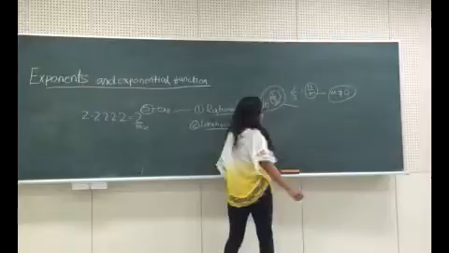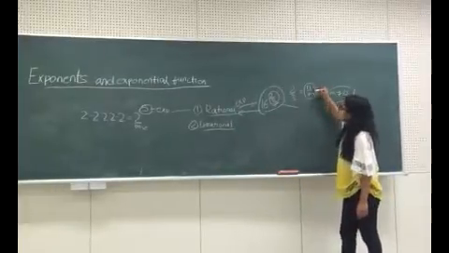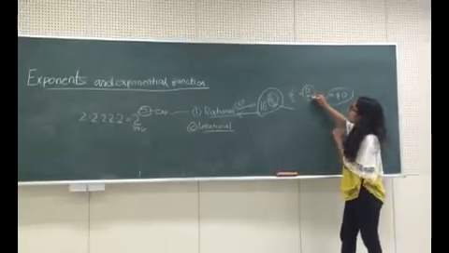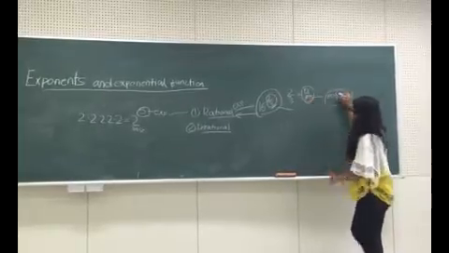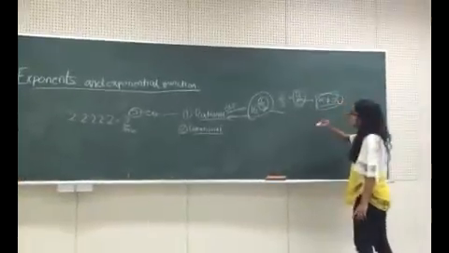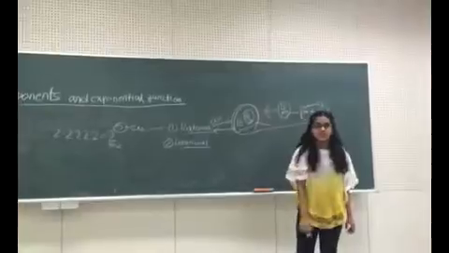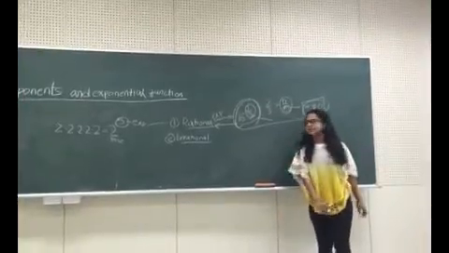I repeat, if the exponent is n by m, where m is not equal to 0, and this satisfies the condition, then the number has a rational exponent. I hope this is clear.